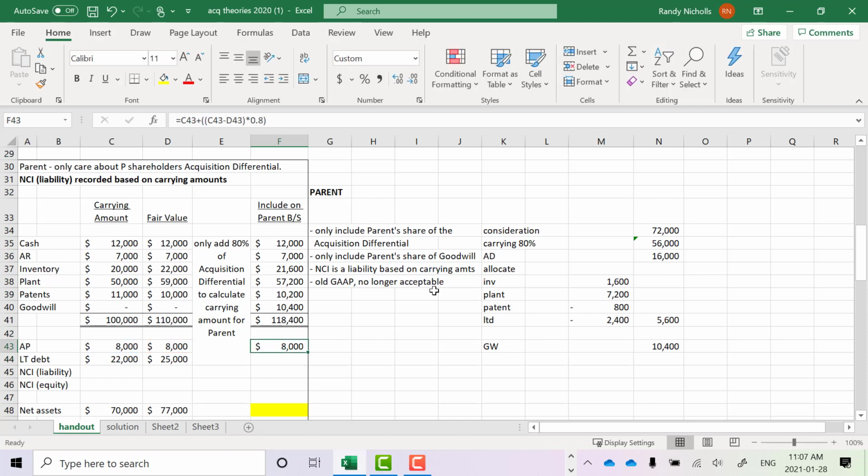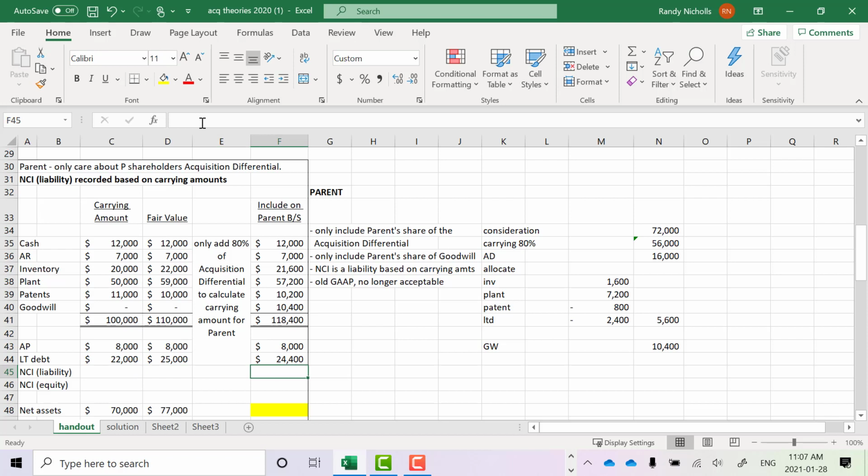Let's see if I did that formula right. I should get somewhere 24 and change. Nope. Let's put a minus in here. That looks better. Okay, so it's the 22,000 plus 80% of the difference between 22 and 25.